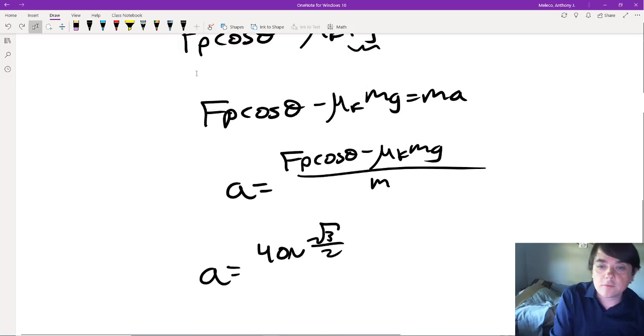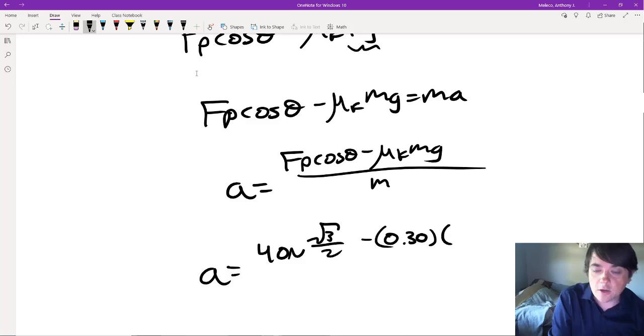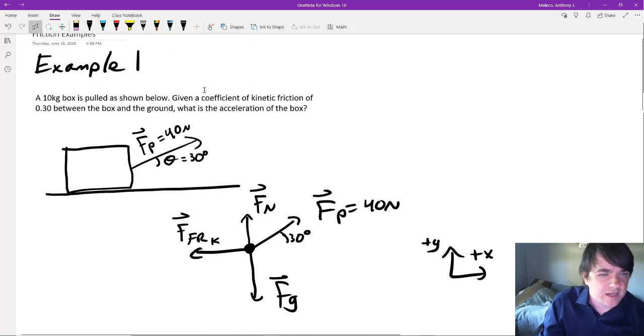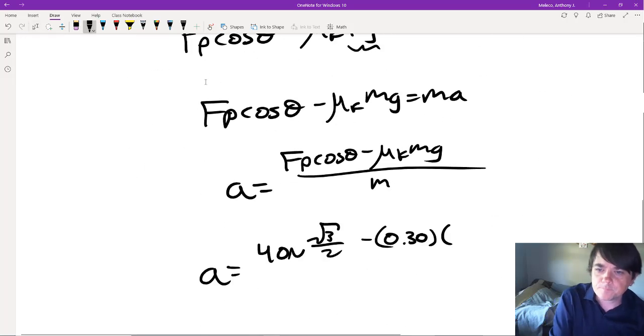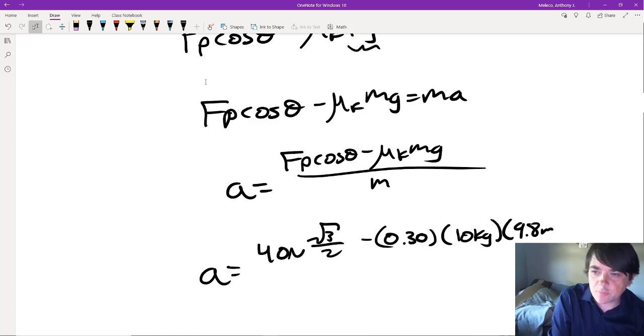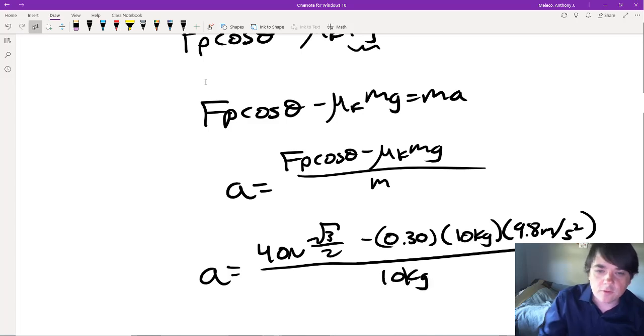And then we've got the coefficient of kinetic friction here, which is 0.30, times our mass, which was 10 kilograms, times gravity, which was 9.8 meters per second squared, divided by our mass, which was 10 kilograms.